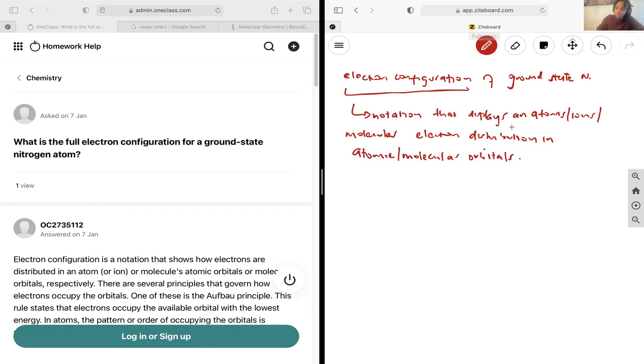And there are three main principles that govern how we distribute these electrons inside these orbitals. Three main rules is how we can think about them.